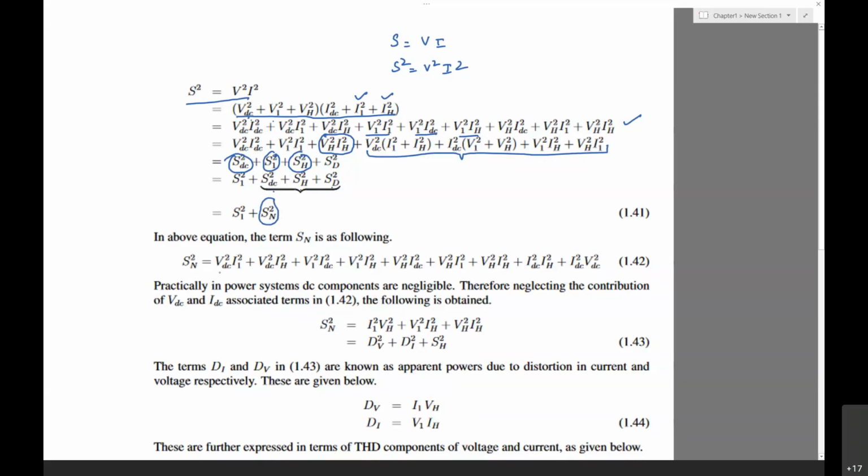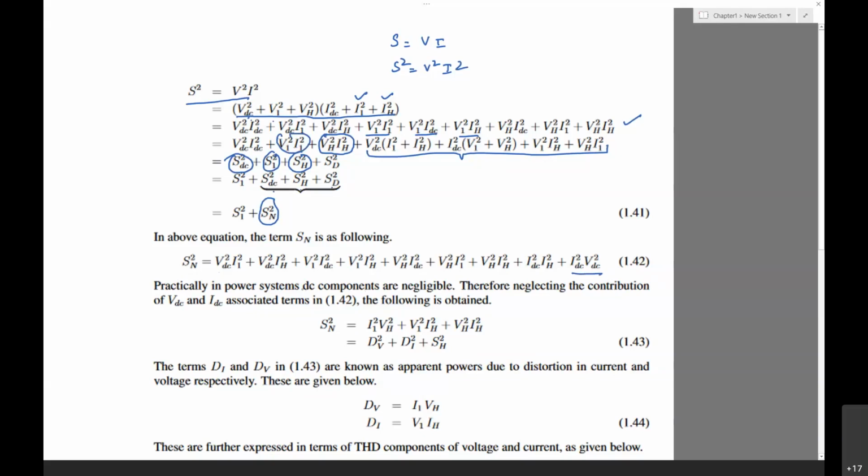One is the terms actually in this particular equation. We have written all these components, VDC square of IDC square, and all the rest of the fundamental terms, V1 square of I1 square; 8 terms will be there here.